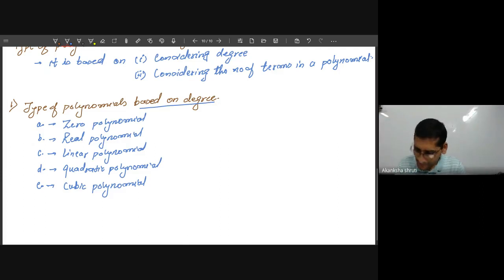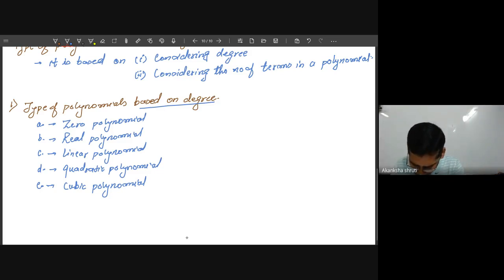When a polynomial is called a linear, quadratic, cubic or real polynomial, it depends on degree. We have learned that the degree of a polynomial is a whole number. The power of x can be 0, 1, 2, 3, 4 and so on. It cannot be negative.